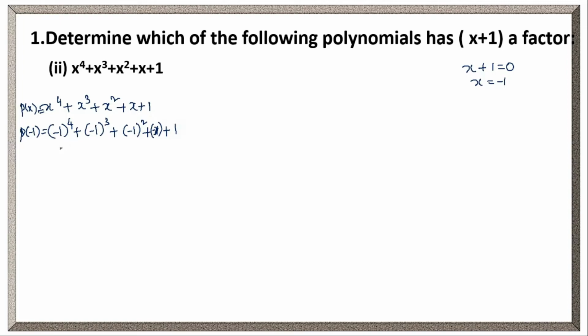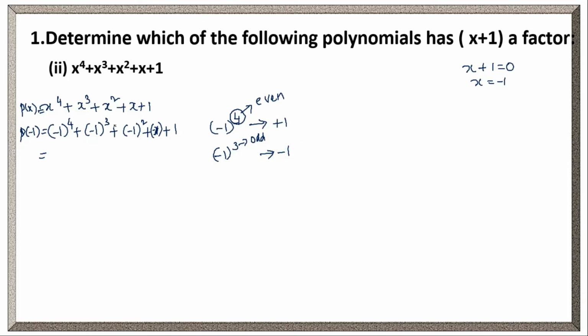Right? Minus 1 whole to the power of an even number will become plus 1. Minus 1 whole to the power of an odd number will become minus 1. Clear?